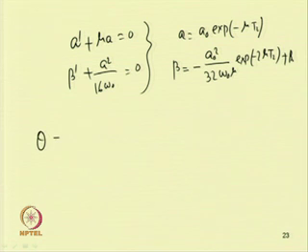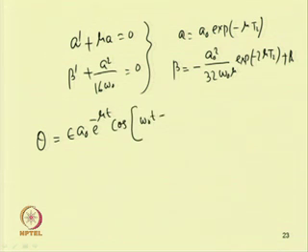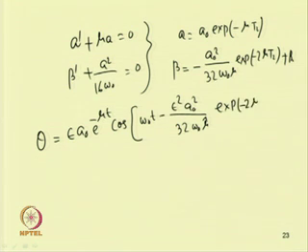So, the theta term can be written as epsilon a 0 e to the power minus mu t cos omega 0 t minus epsilon square a 0 square by 32 omega 0 mu e to the power minus 2 mu t plus beta 0.